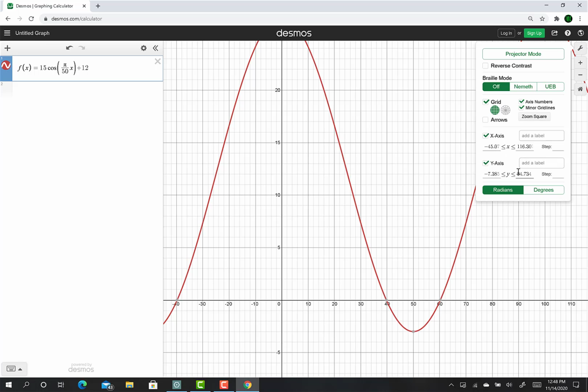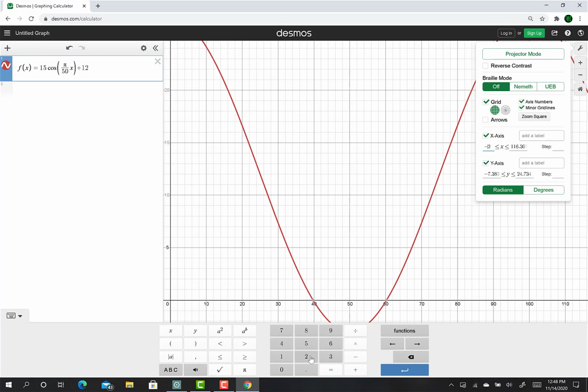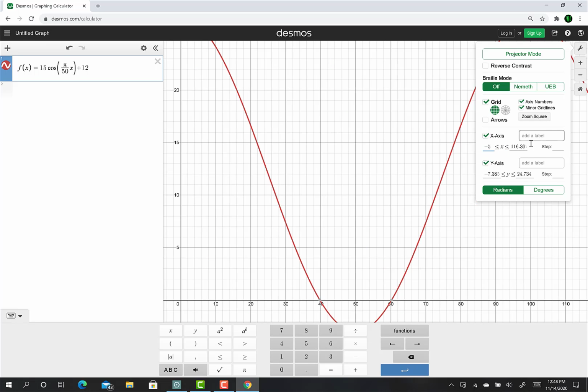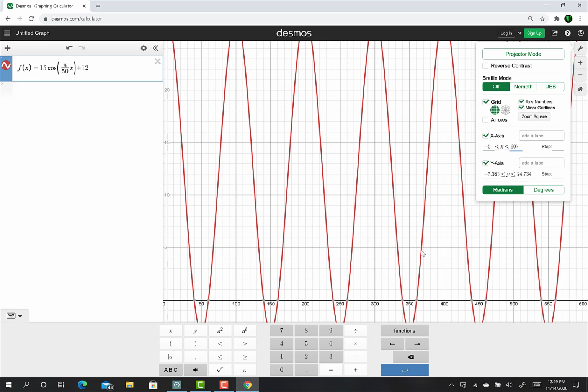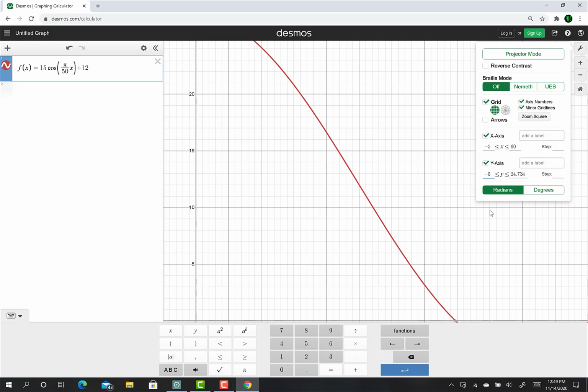Wow, what happened there? I messed up my settings. I don't like it. So, -5 to 60, and -5 to 32.